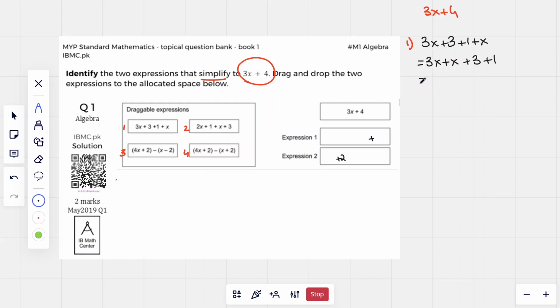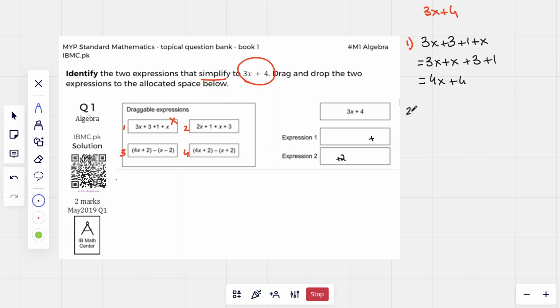So moving on, 3 apples and an apple, or 3x plus x, is 4x, and 3 plus 1 is 4. So this expression has simplified to 4x plus 4, which is not equal to 3x plus 4. Hence, the first one is not our solution.